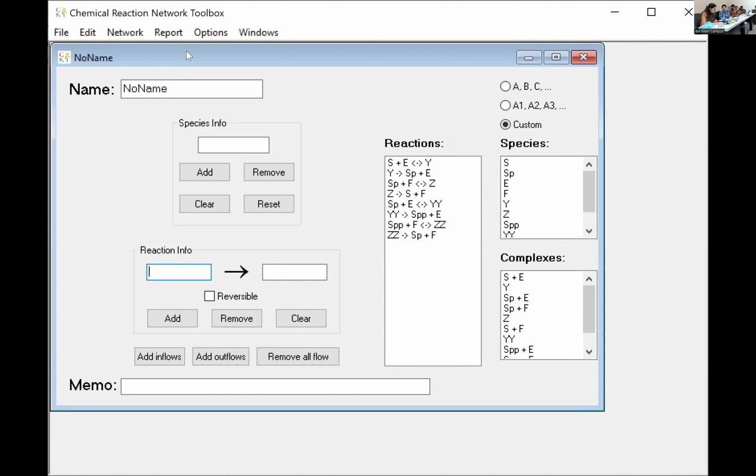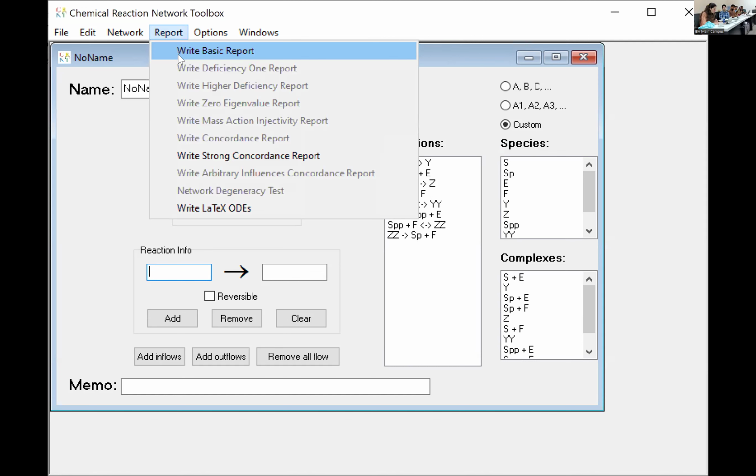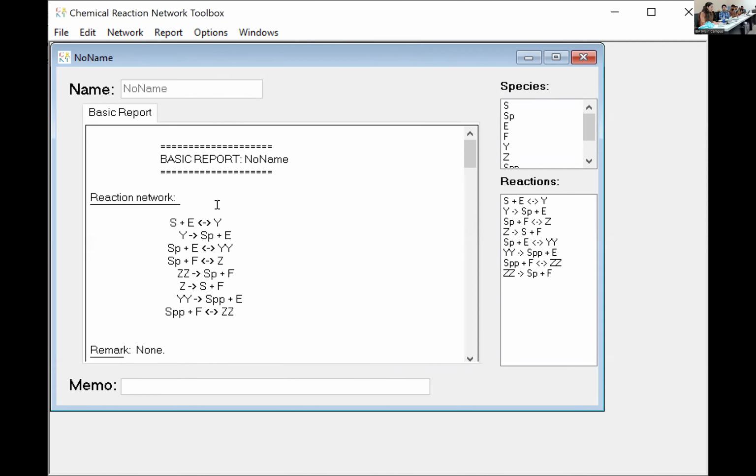Let me show the report because we can then see the network more clearly. Yeah, so here there are two possible sites to phosphorylate. I have S, which is the substrate, and then it gets together with an enzyme, and through an intermediate process, it eventually gets phosphorylated.